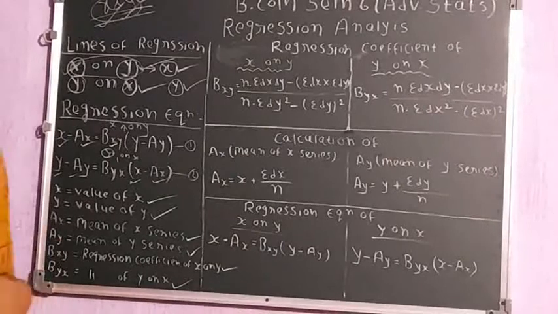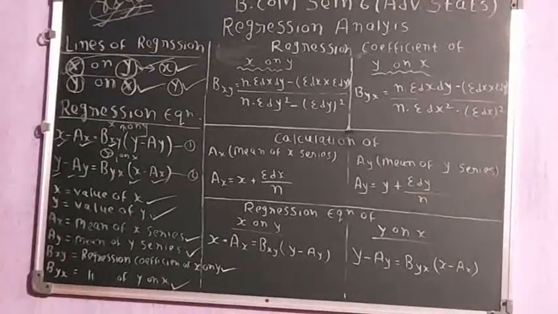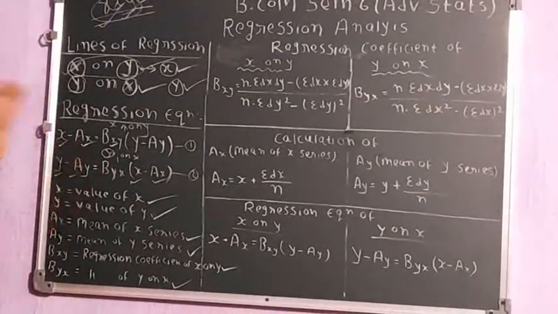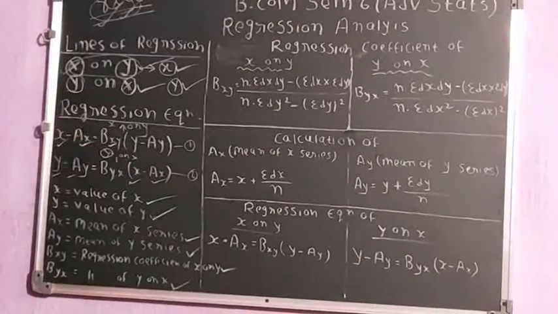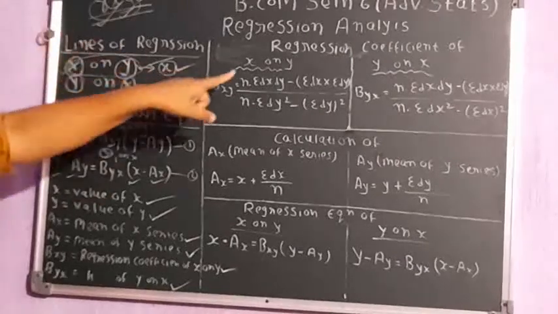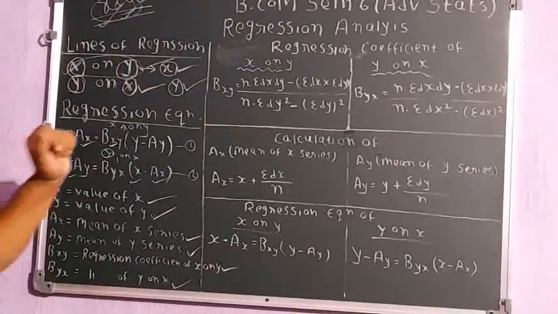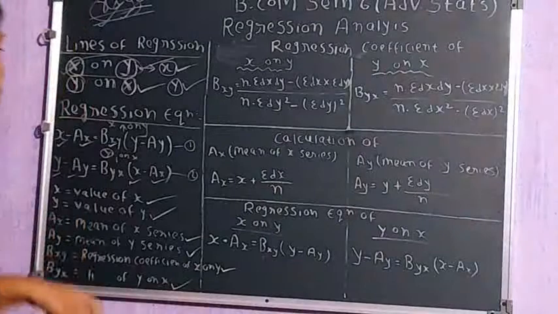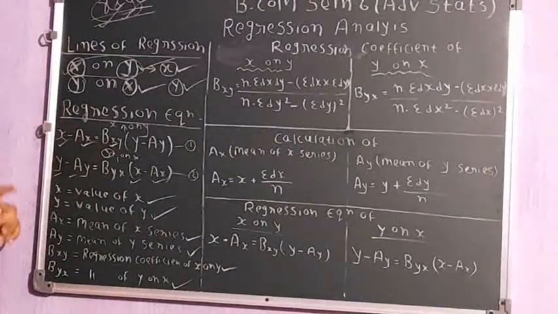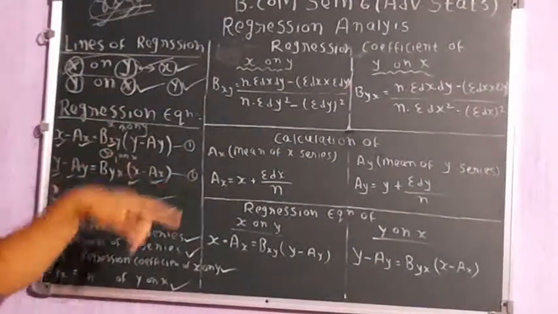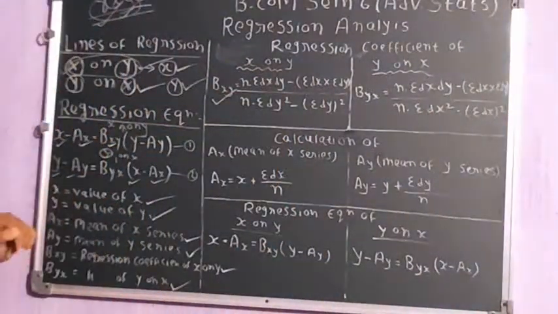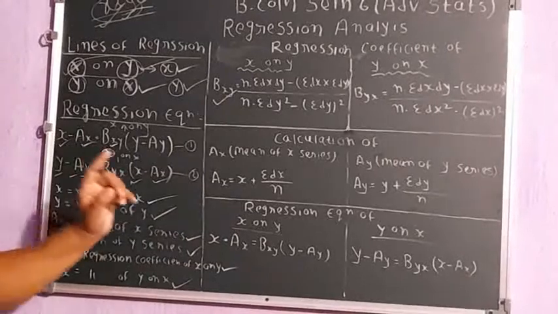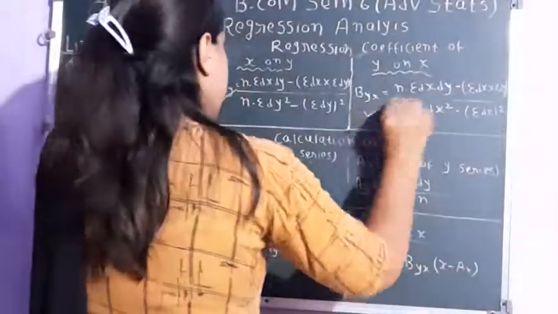Now we have seen what we need for calculating the regression equation. What is the first thing? We need bxy to calculate x on y, and byx to calculate y on x. What does bxy mean? bxy means the regression coefficient of x on y. What is the meaning of byx? byx means the regression coefficient of y on x.